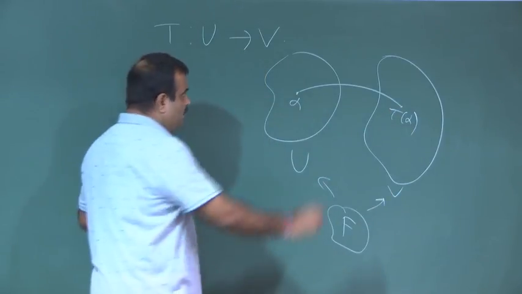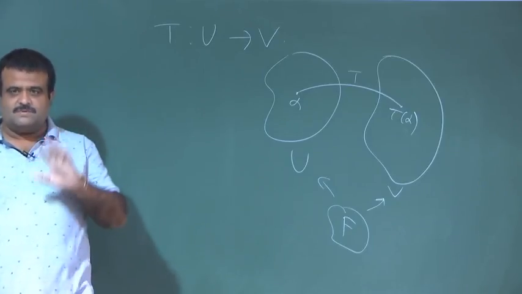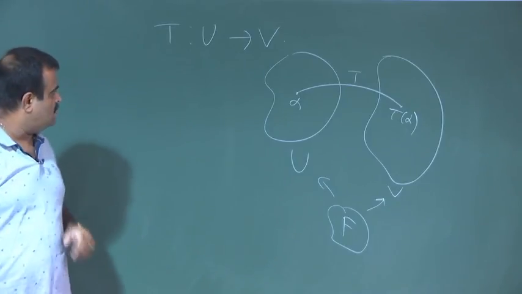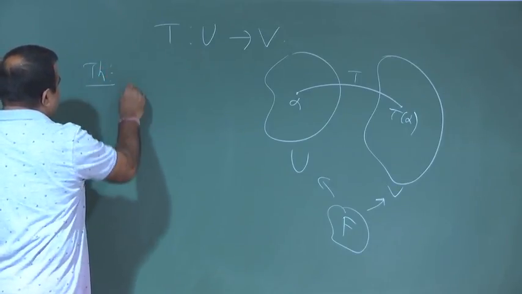This is a mapping from U to V, and suppose this mapping is a linear transformation.